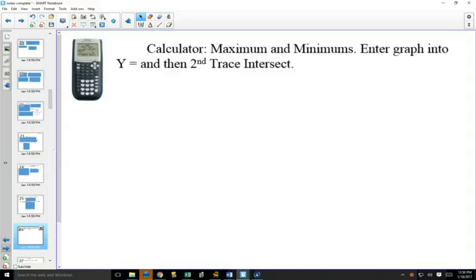Everybody's aware of how to do this? So you could type in your original function into your calculator, look at the graph, and then find the coordinates of the max or min, and then use those to check, did I do my work right? Is my calculus right? Am I getting the same maximums and the same minimums as what my calculator says?